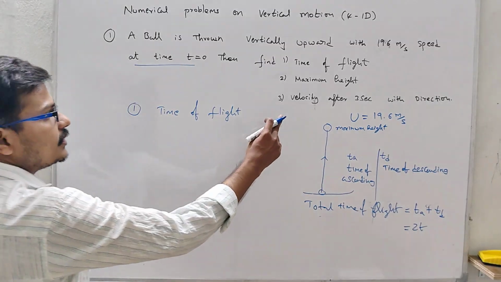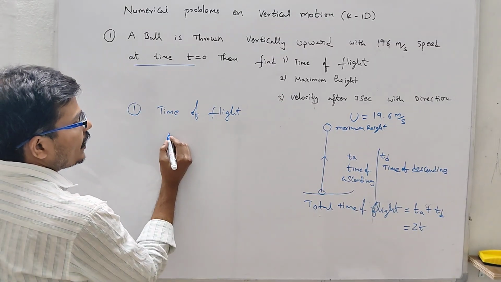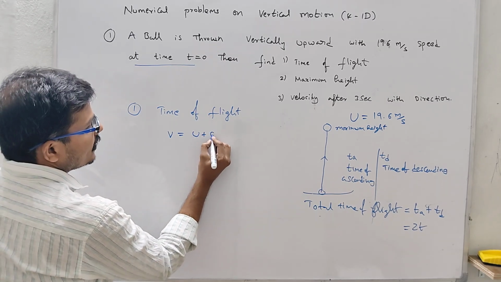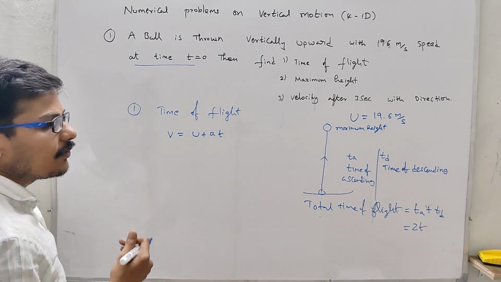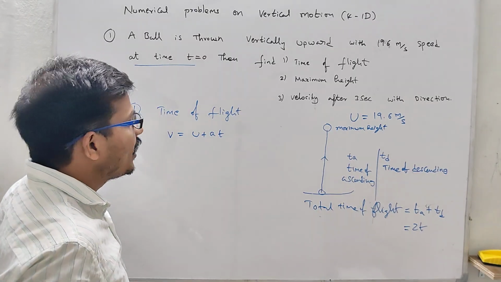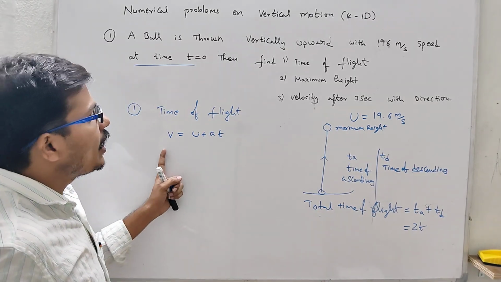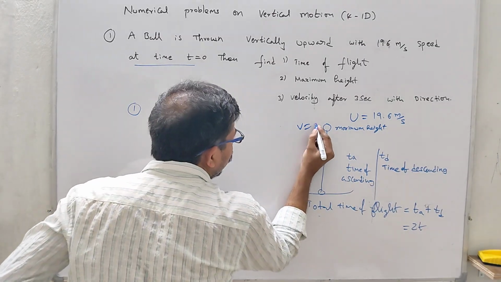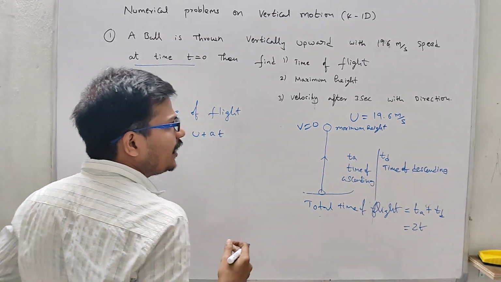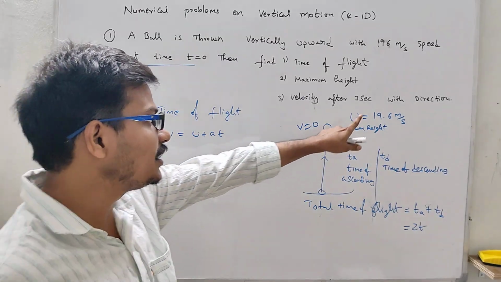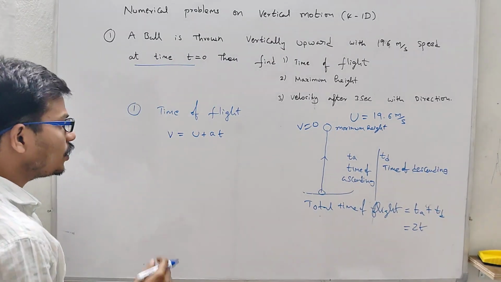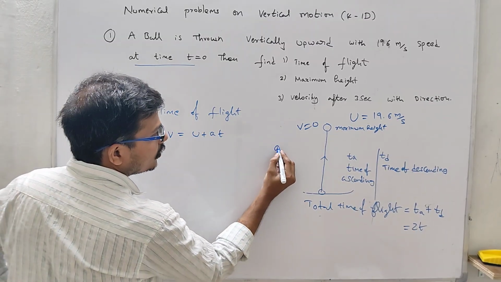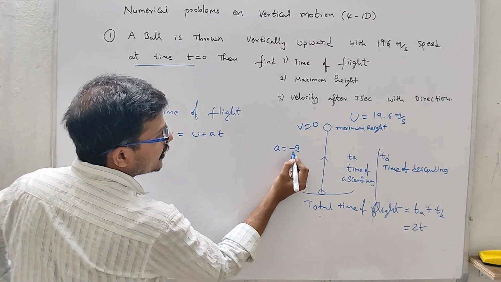First of all, we have to find the time of ascending. v equals u plus at. Why do we use this formula? Observe closely: after reaching the maximum height, its final velocity should be 0, and this is the initial velocity. The acceleration in the upward direction is minus g.